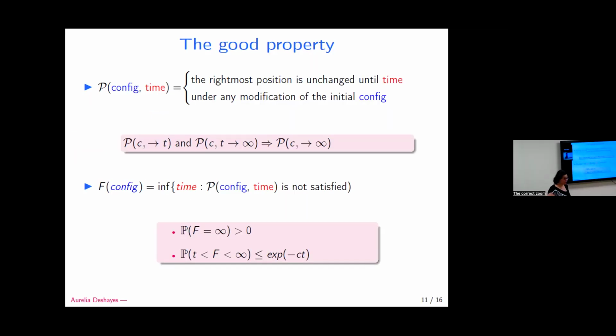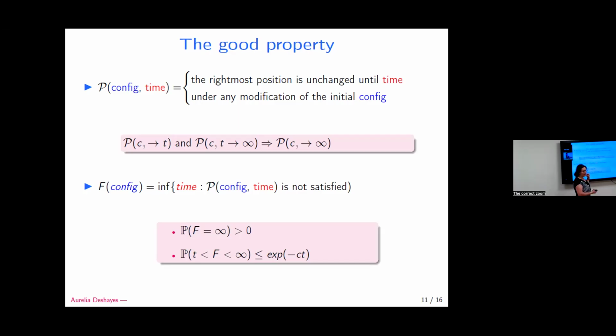So P is a proposition applying to a given configuration. It's an event; the configuration is the initial configuration. But in fact, if it's true for any change of configuration, it doesn't count the configuration. If it's true, this doesn't count. But if it's not true, this counts.